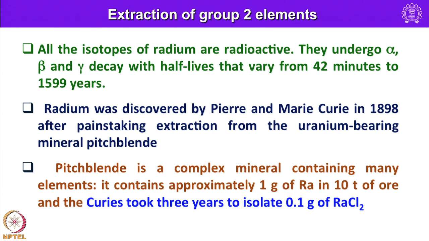Besides uranium, it is a source of many trace elements and also some of the radioactive isotopes of some of the heavier elements, and it contains approximately 1 gram of radium in 10 tons of ore, and in fact the Curies together took nearly 3 years to isolate 0.1 gram of radium chloride from pitchblende.